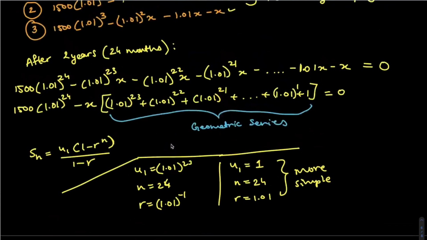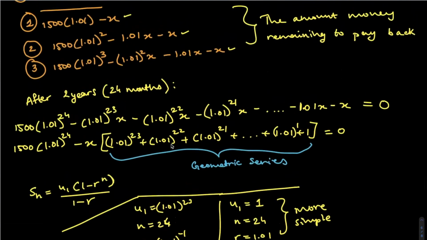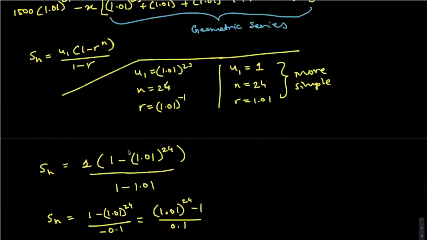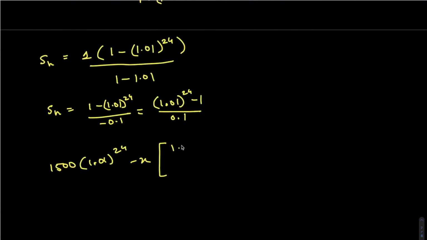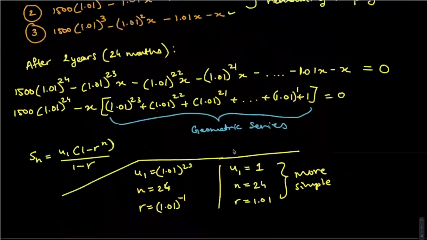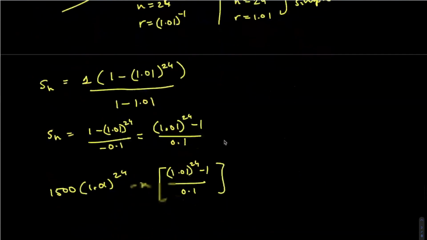So now I've done that, and I'm just going to put this part in. I'm going to get 1.01 raised to the power 24 minus 1 upon 0.1. Now this is done, and I'll equate it to 0.